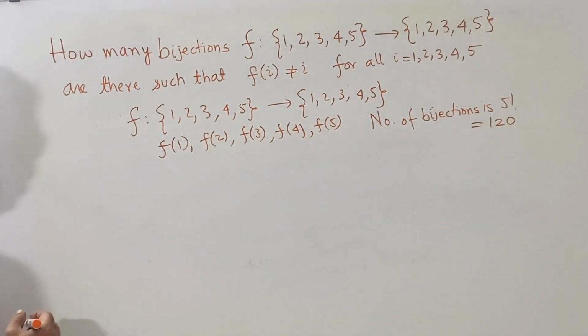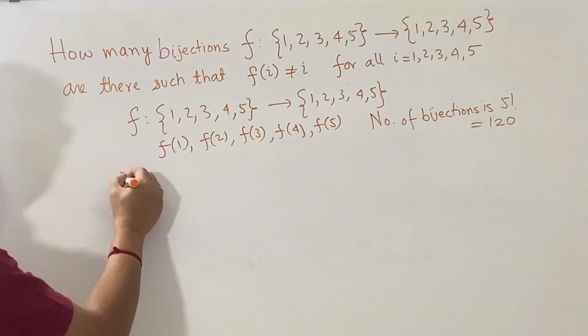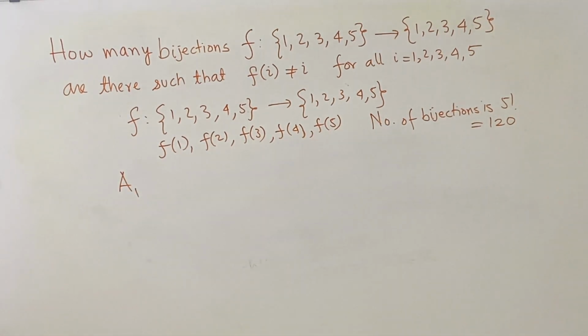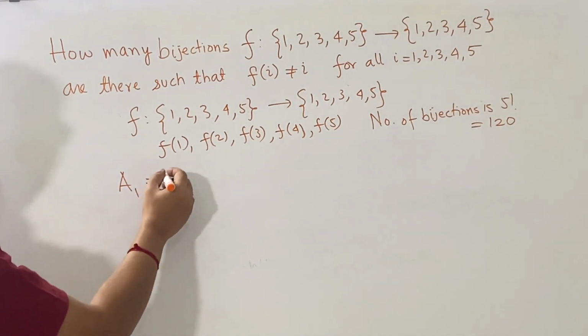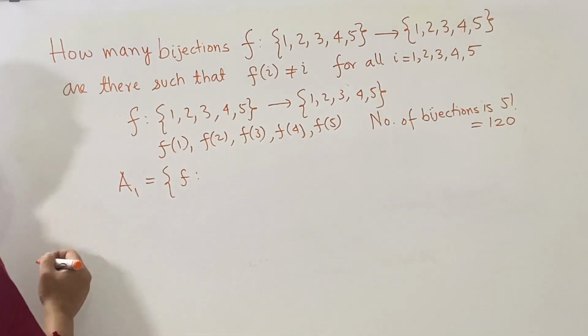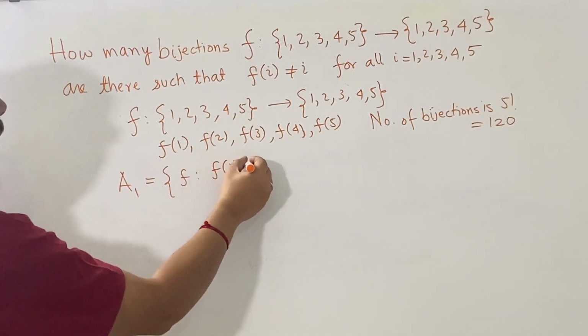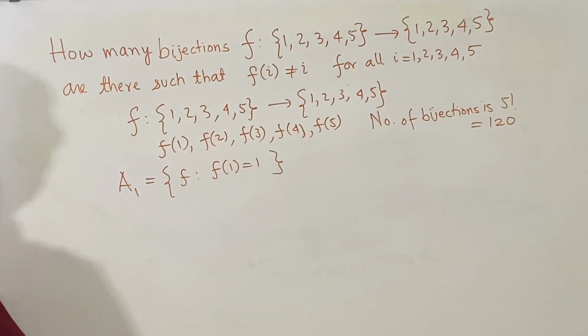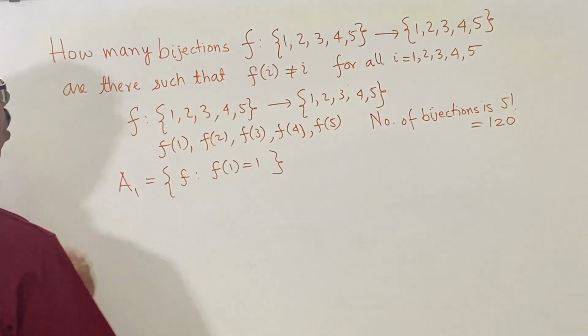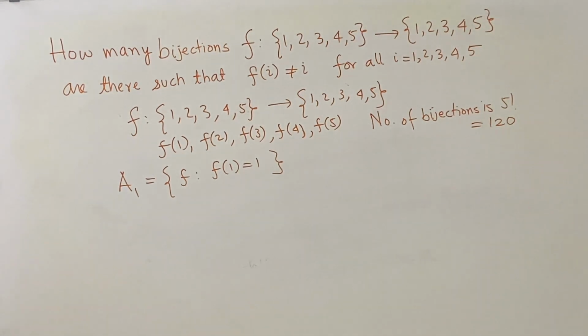Now to study that, let us suppose A1 is the set of all functions f such that f(1) is equal to 1. All these functions are functions from {1, 2, 3, 4, 5} to {1, 2, 3, 4, 5}, and we are putting this additional condition that f(1) is mapped to 1.